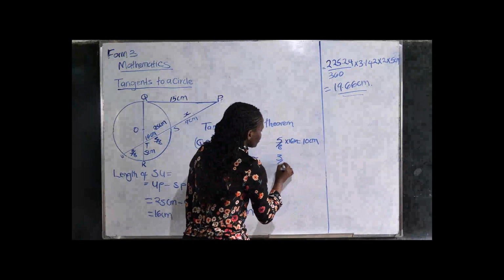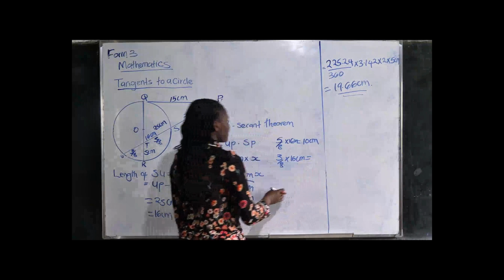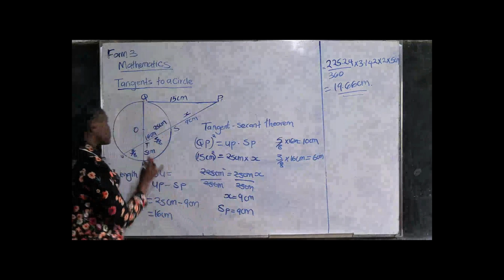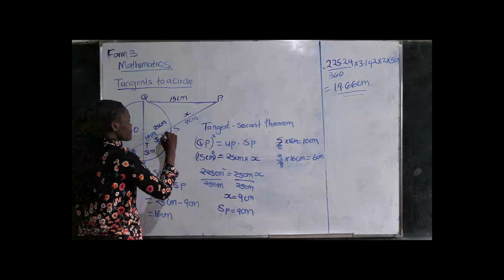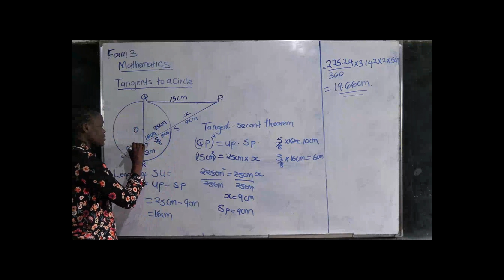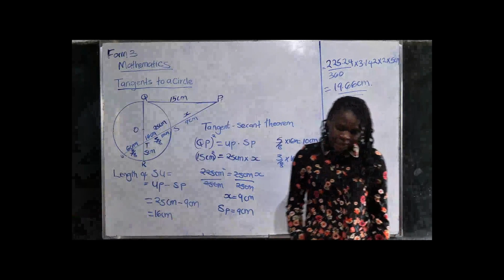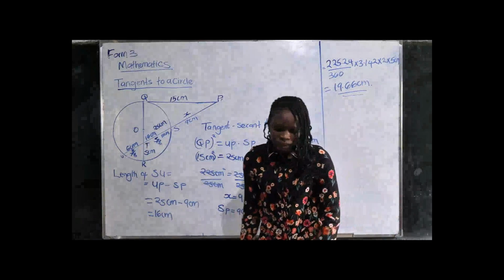And then 3 out of 8 times 16 centimeter, I will now have 6 centimeter. Meaning ST is 10 centimeter and TU is 6 centimeter. Now the question is, calculate the length of line QT.